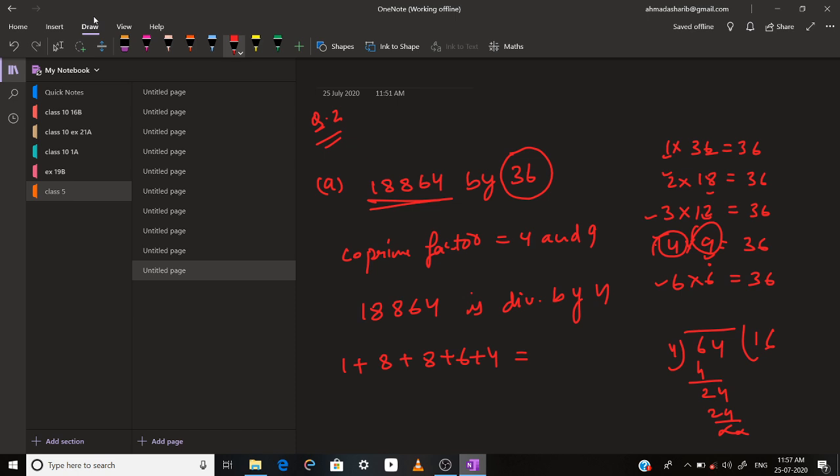Yes, 9 threes are 27. So we can say that 18,864 is divisible by 9. So finally we can say that yes, 18,864 is divisible by 36.